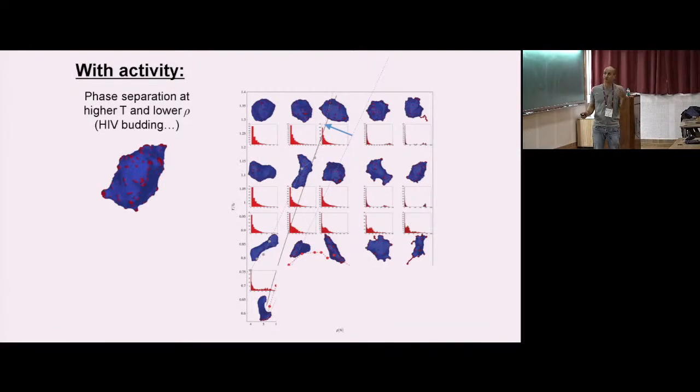And you remember that was our sort of qualitative explanation of what happens for the HIV budding, that the virus is recruiting the actin and is therefore able to shift its budding transition from high density to lower densities and begin to bud out from the infected cell at a lower areal density of the membrane.